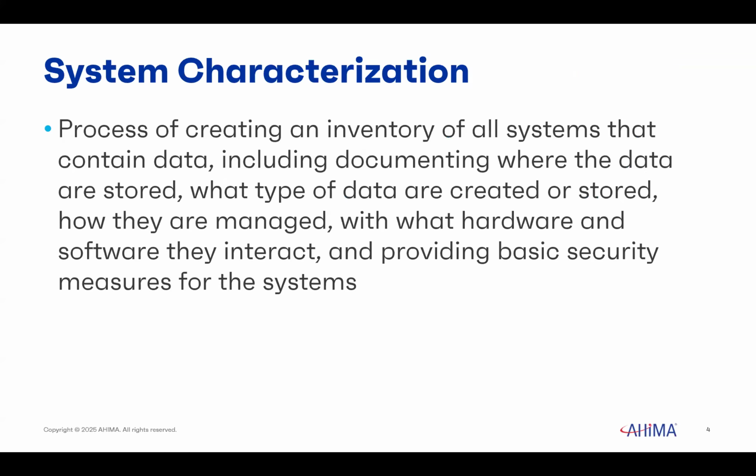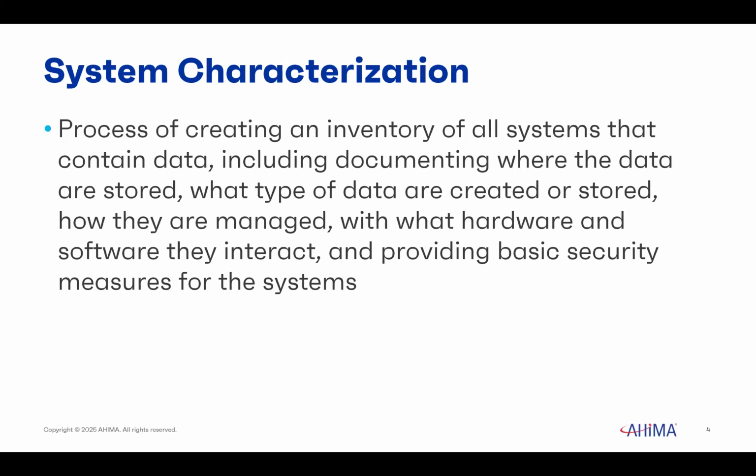When we talk about this term system characterization, we're basically creating an inventory of all the systems that contain data, including documenting where the data is stored, what type of data is created, stored, and managed, and with what hardware and software they interact. And then we need to also provide basic security measures for these systems.